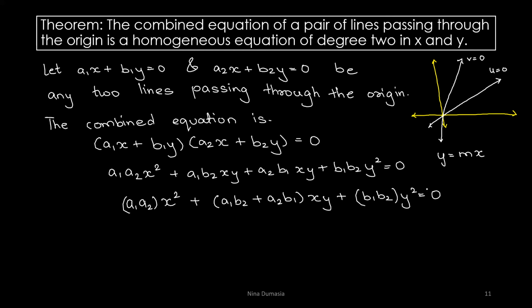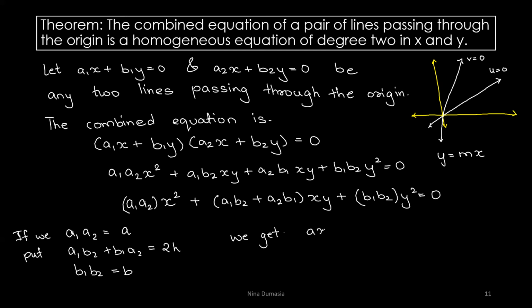Okay, so what does this mean? That we have got an equation which is in standard form. If I put a1 into a2 is equal to a, then if I put a1 into b2 plus b1 into a2 is equal to 2h, and if I put b1 into b2 is equal to b, then what do I get from this?